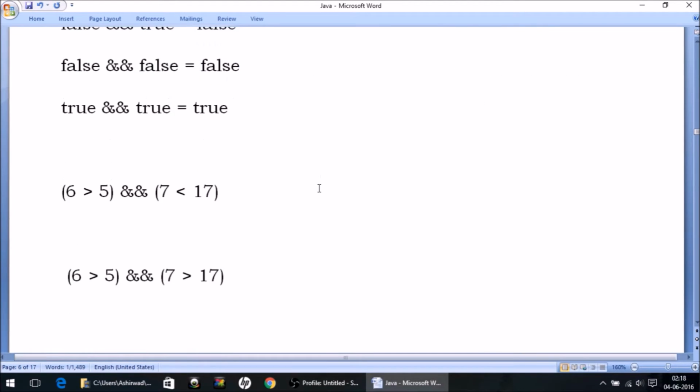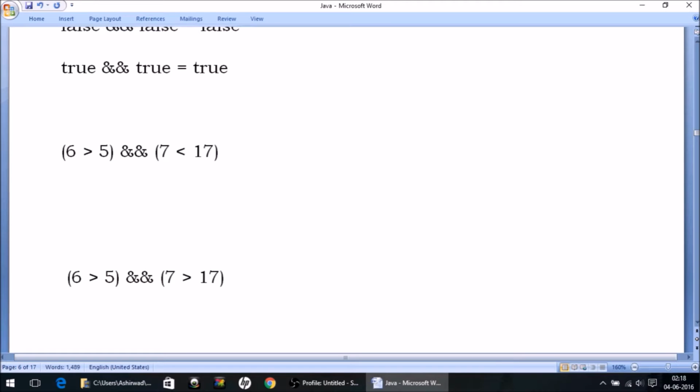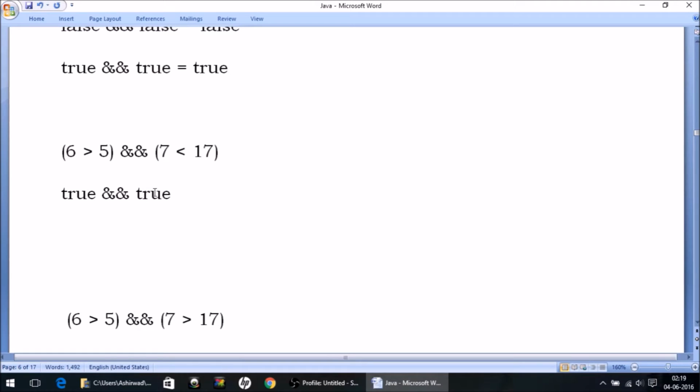So for example, we are checking this. What is the statement here? This whole thing is one statement, and the second thing is a second statement. So how do we solve it? First of all, we'll solve this. 6 greater than 5. So what is the result? True. Yes, 6 is greater than 5. Then we write AND, and what do we get here? 7 less than 17. Yes, and true and true is ultimately true.